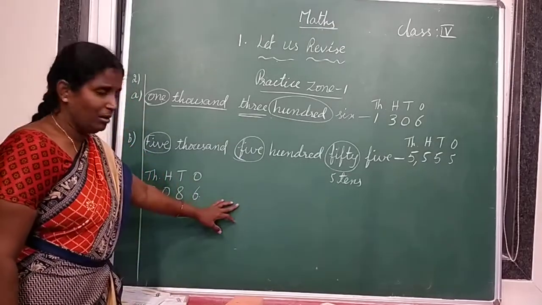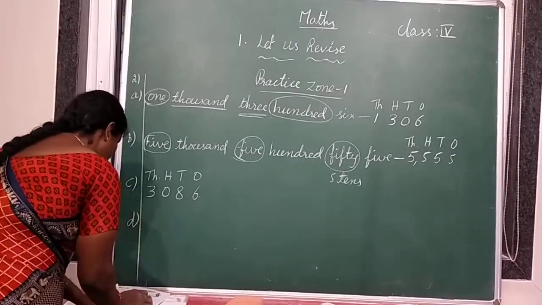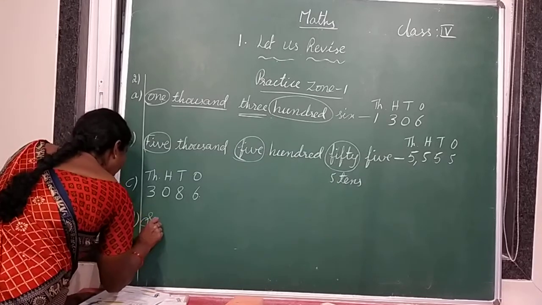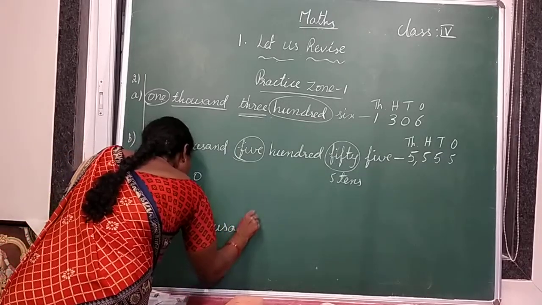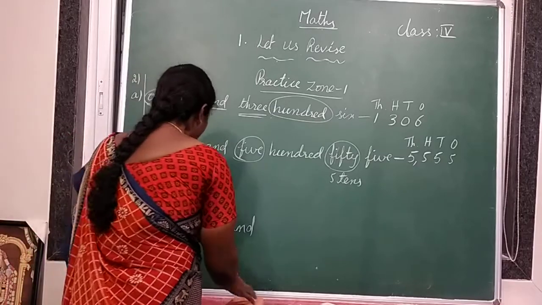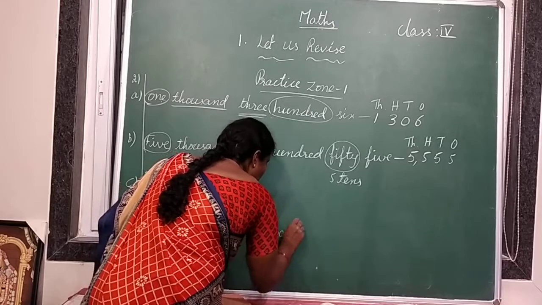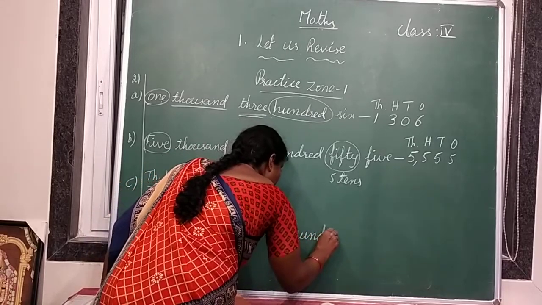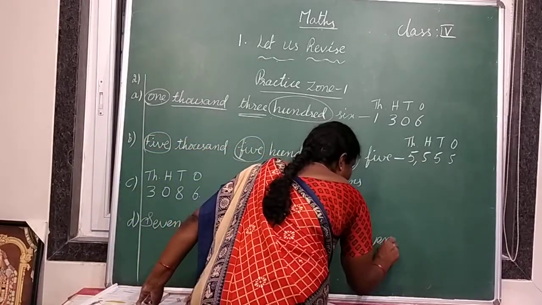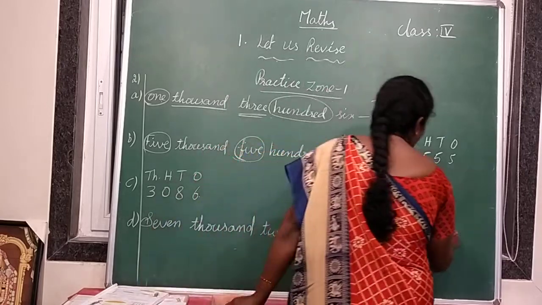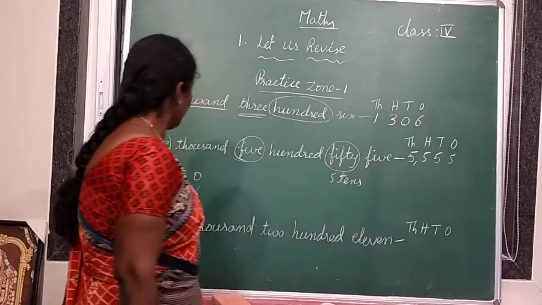So can I write the number name also? Okay. So for the next question I will write the number name also. 7211. So 7,000.